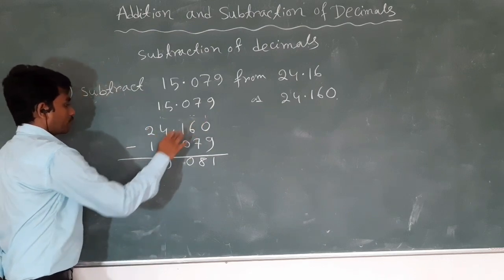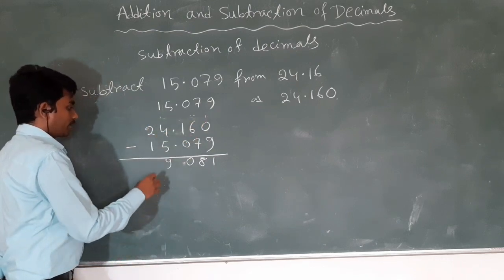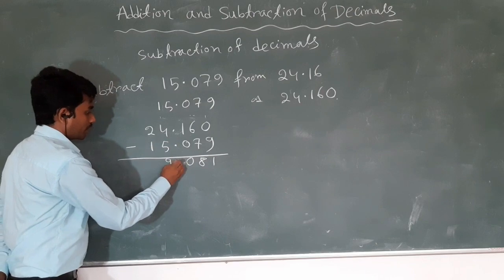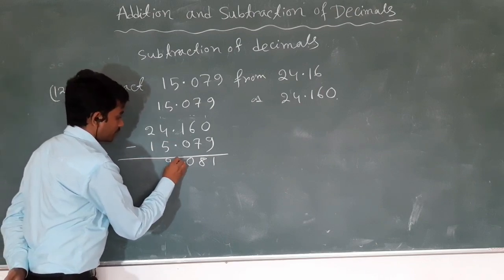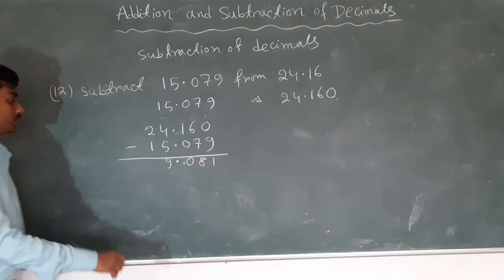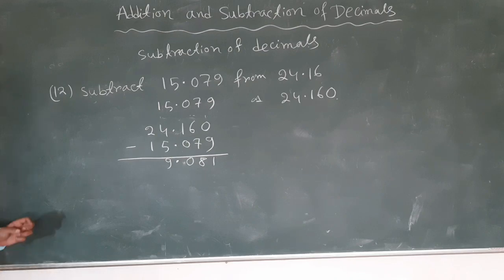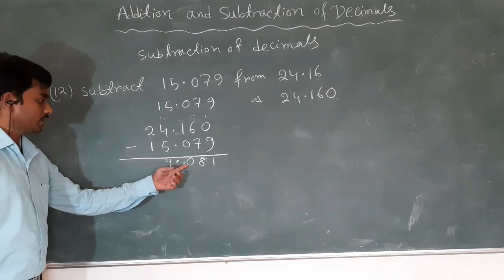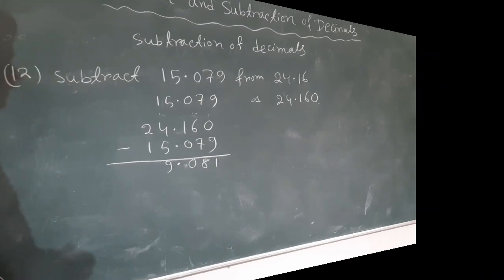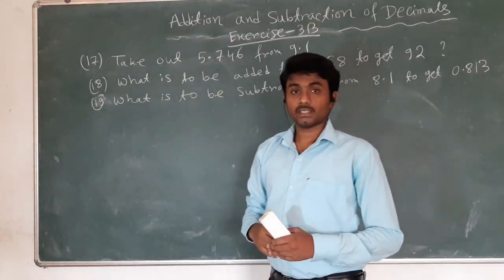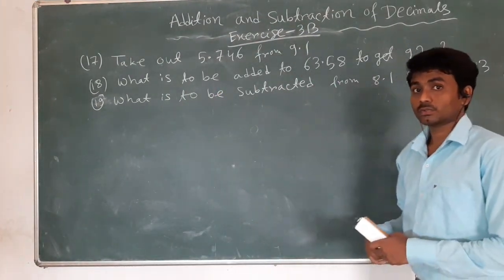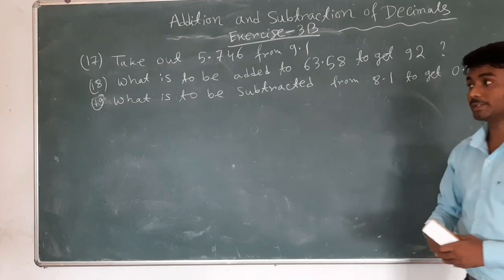And next we put the decimal point below the decimal column. So the result will be 9.081.